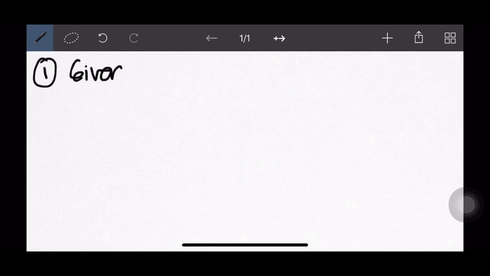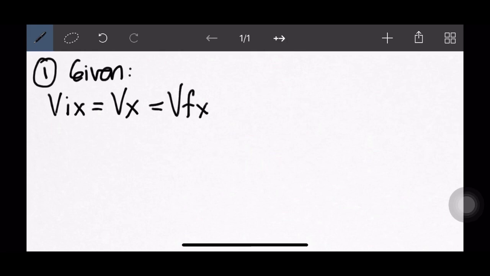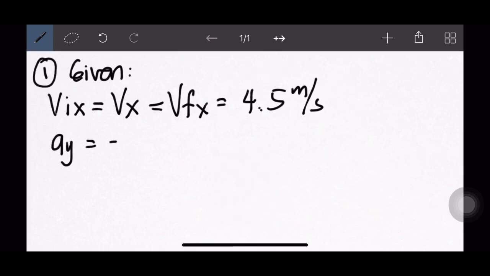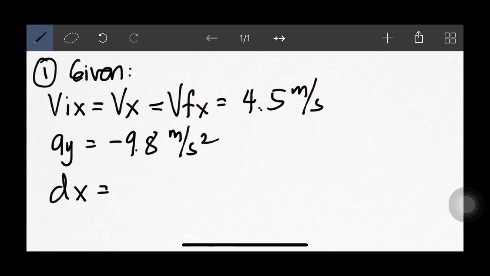We have Vix, which is also equal to Vx and Vfx, that is 4.5 meters per second, because this is along the horizontal component. Next, we have ay, the acceleration due to Earth's gravity, negative 9.8 meters per second squared. And lastly, the range of the projectile, which is dx, that is 5 meters.